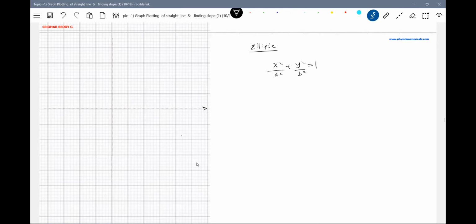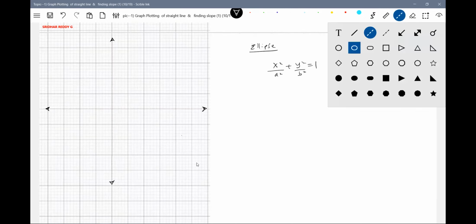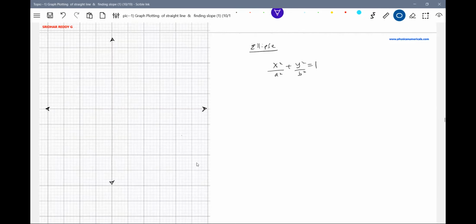So how will this curve be? What do you mean by A and B? So the equation of ellipse will come of this shape.